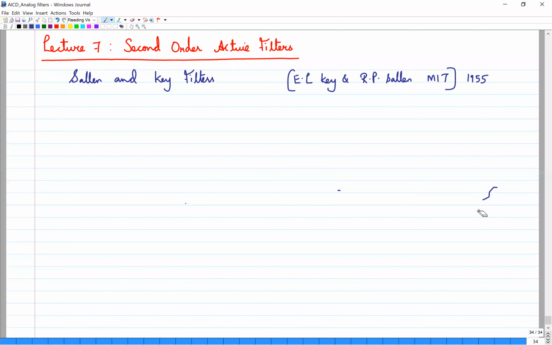Then it was based on vacuum tube amplifiers, but currently we extend the same topology using op amps as the active block.